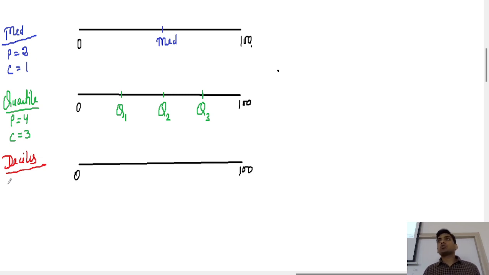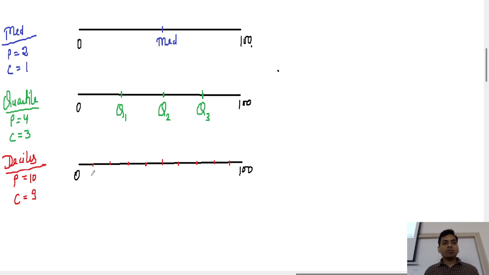To get 10 parts, how many cuts are required? 9 cuts. First is in the middle, and this is the 5th cut. Suppose this is the 1st cut, this is the 2nd cut, the 3rd cut, the 4th cut, and this is the 6th, 7th, 8th and 9th.